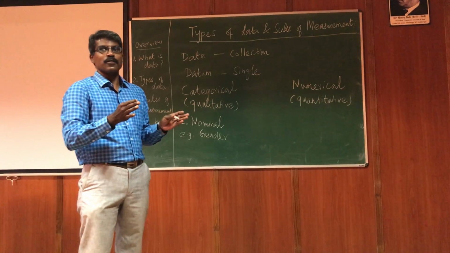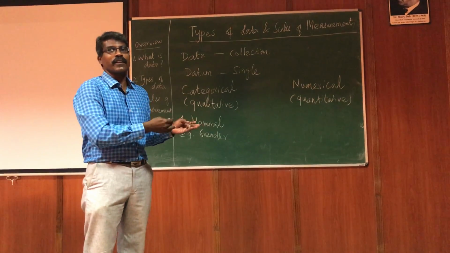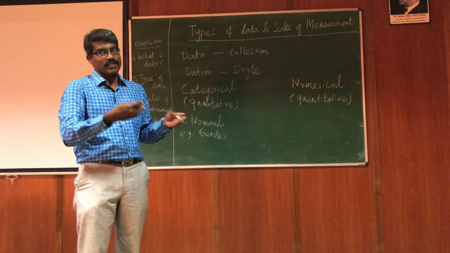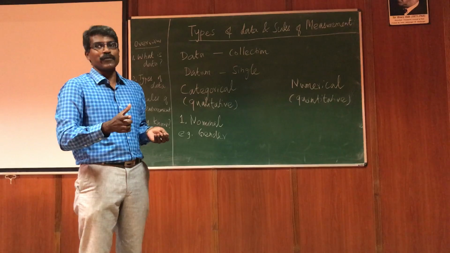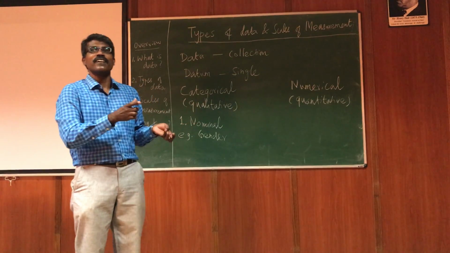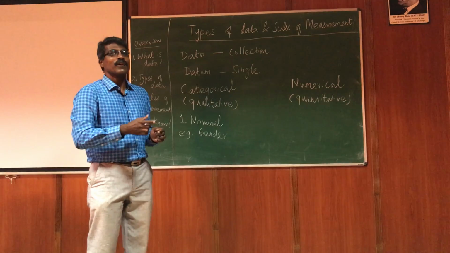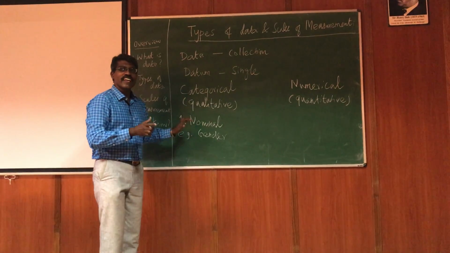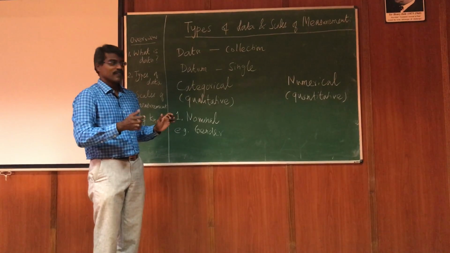It has no direction that male is superior or female is superior. So there is no direction, and we cannot quantify the difference. What is the difference between this male gender and female gender? That cannot be quantified. So we can just assign a name to that particular variable, namely gender.